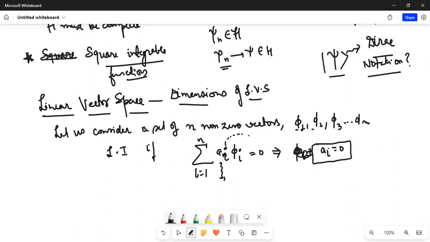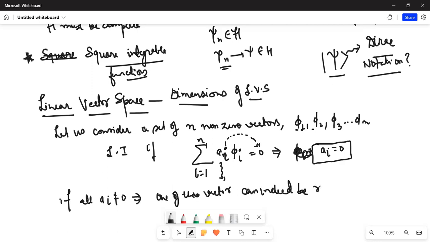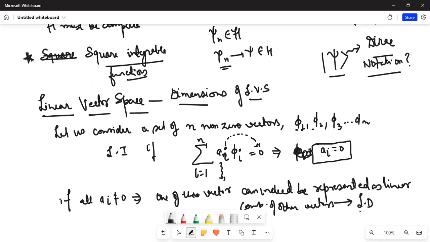You can shift some of them to the other side, and you can write one of the vectors as a linear combination of the other vectors. So if not all ai's are equal to 0, then one of the vectors can indeed be represented as a linear combination of other vectors.